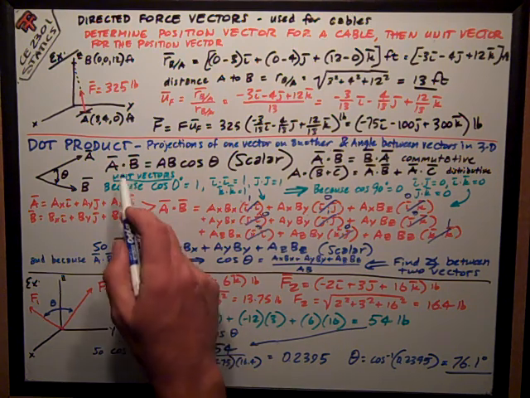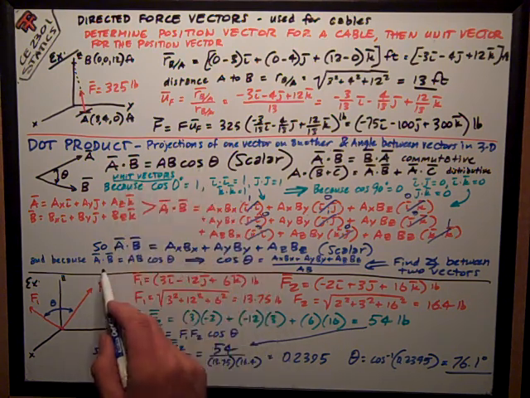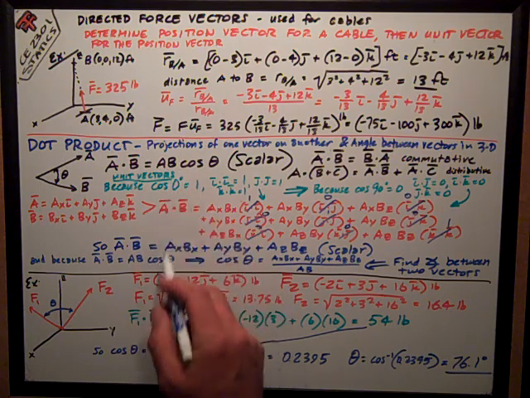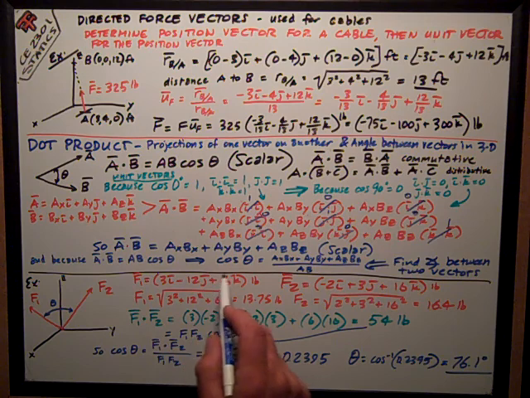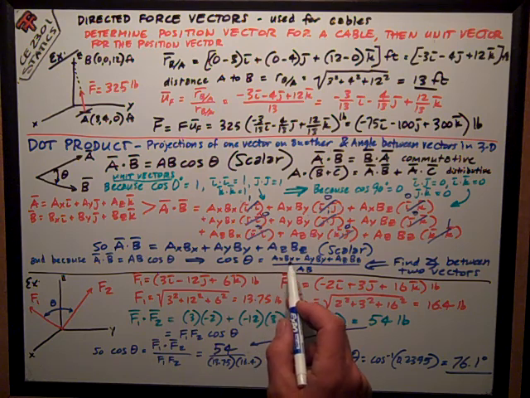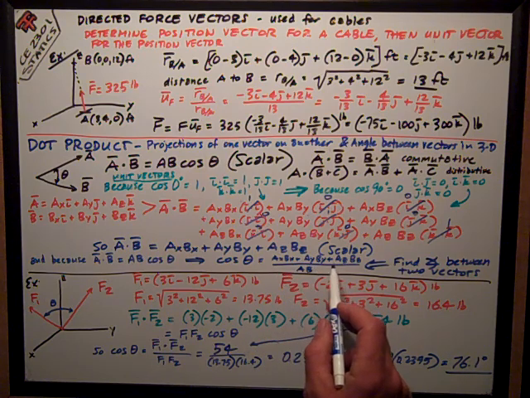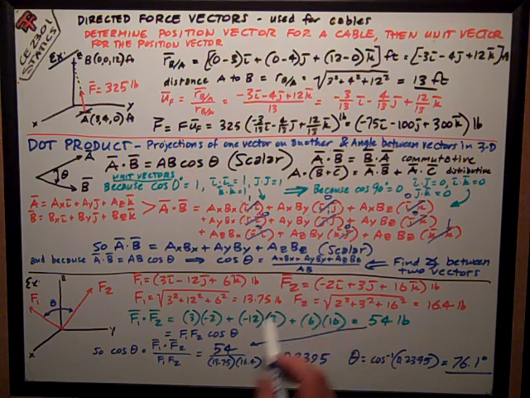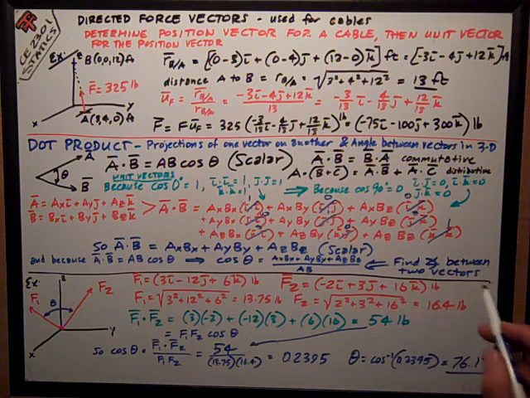And because of this relationship up here that I started with, A dot B is equal to scalar A times scalar B cosine theta, I can rearrange that, and I can say the cosine of theta, the angle between them, is equal to AXBX plus AYBY plus AZBZ divided by the magnitude of A times the magnitude of B. I'm going to use this to find the angle between two vectors, a very useful function.